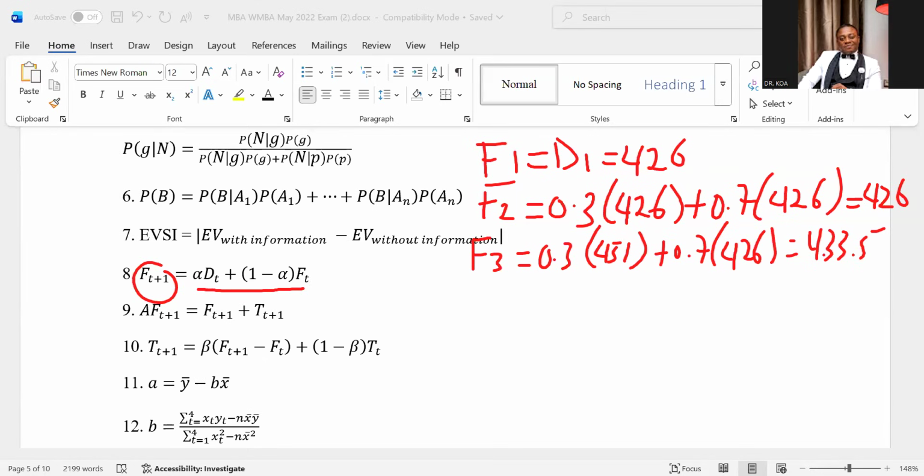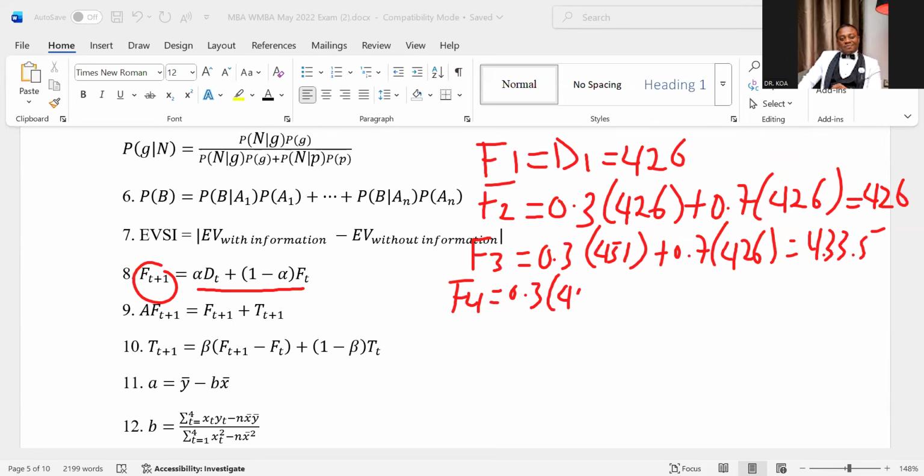Then you go to F4. By the time you get to F3, your brain is settled for the thing. Now, you take your 0.3 into brackets. The current demand is 405, isn't it?